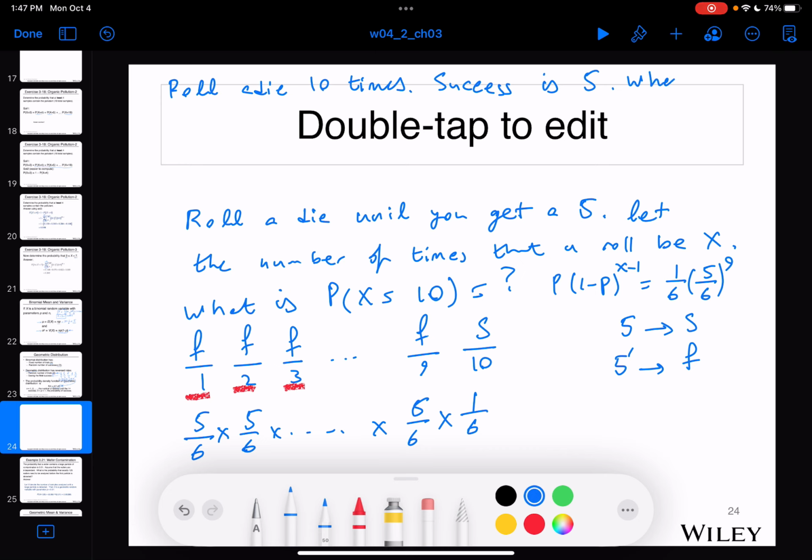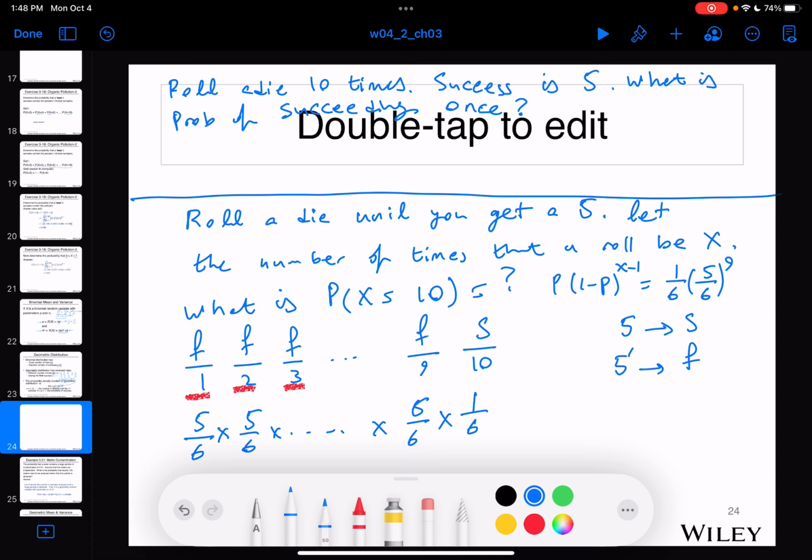What is the probability of succeeding once? So here I roll the die 10 times. Again, I define success as the same thing. I want to know the probability of succeeding once, right? So this is not a geometric distribution, and the answer is different. Here the answer was this for the geometric distribution.